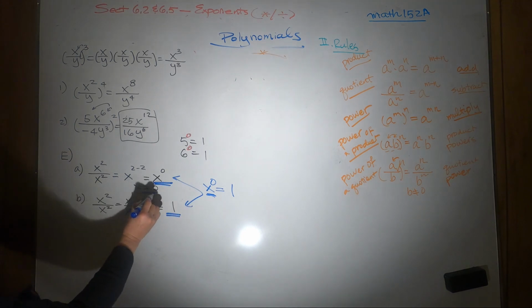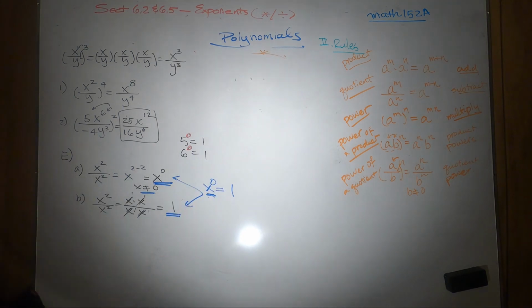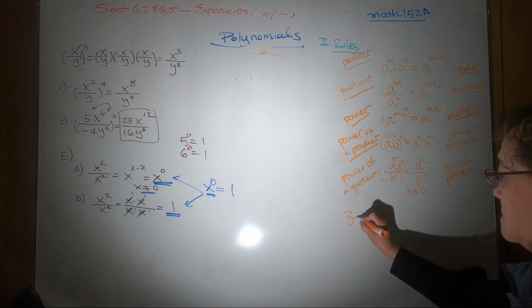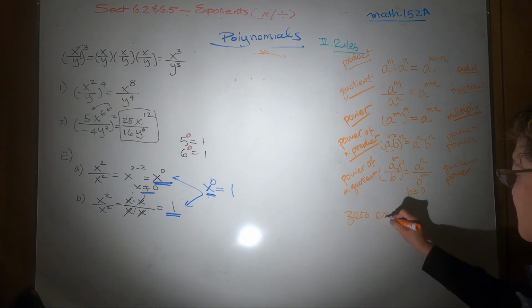If the base is not 0, anything to the 0 power is what? 1. Okay? So we call this one what? Zero exponent.